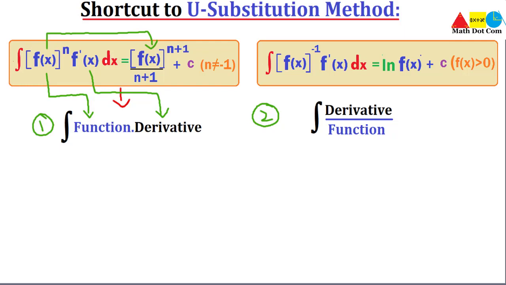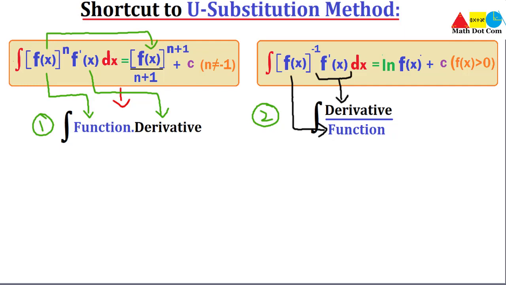Let's see how this formula looks. In this formula we have f dash of x. This f dash of x is the derivative, this one. And this f of x inverse means that f of x is in the denominator.